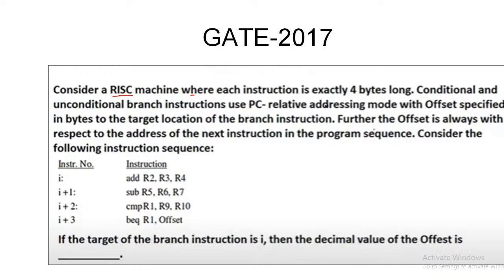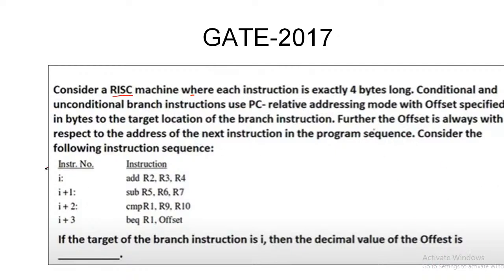It has conditional and unconditional branch instructions, because I told you that whether it is base index or index addressing mode, or PC relative addressing mode, in all these cases you have branch type instructions. For this case you have to ultimately calculate some offset value.